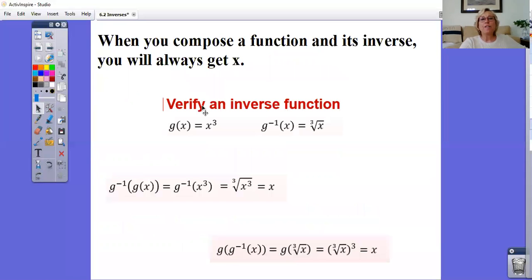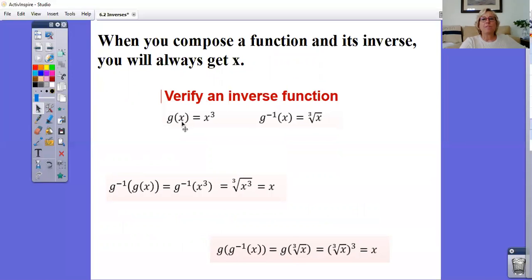Okay, so let's verify. I have g of x is x cubed, and the inverse of g is the cube root of x. I'm going to start out taking g and plugging it into the inverse. So I'll take the x cubed and plug it in right here and get the cube root of x cubed.